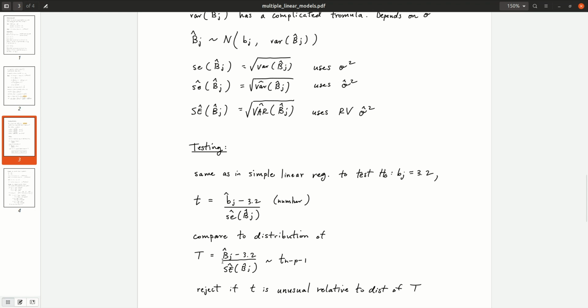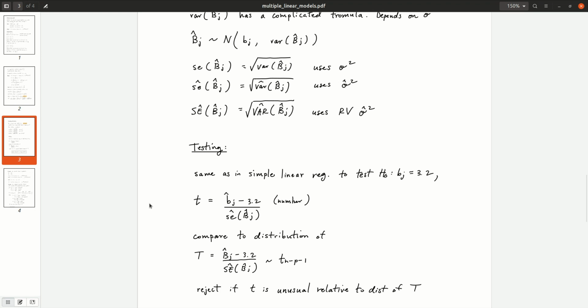So we're plugging in big B hat j minus 3.2, and dividing by the random version of the standard error. It turns out that this thing also has a t-distribution, and the degrees of freedom is the residual degrees of freedom, n minus p minus 1. So the idea is we get this statistic, we compare it to this distribution, and we will reject the null hypothesis if the statistic is unusual relative to the hypothesized distribution.